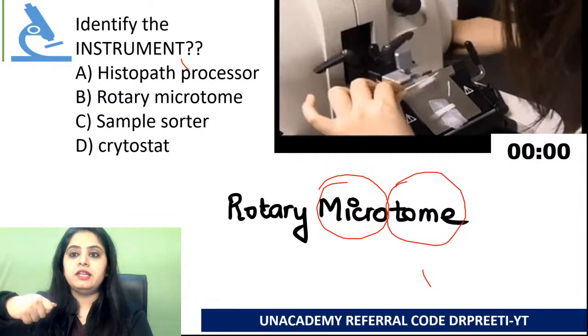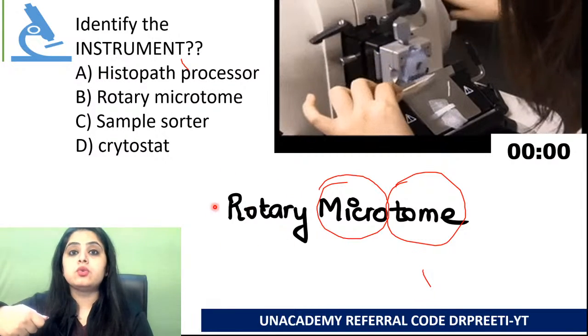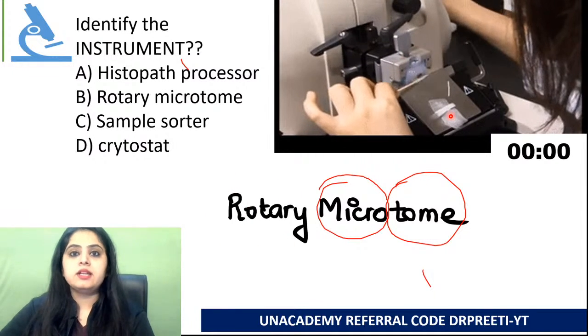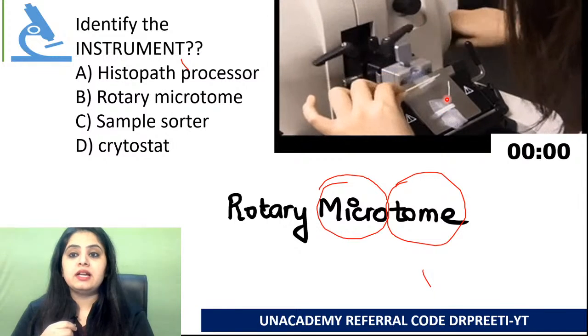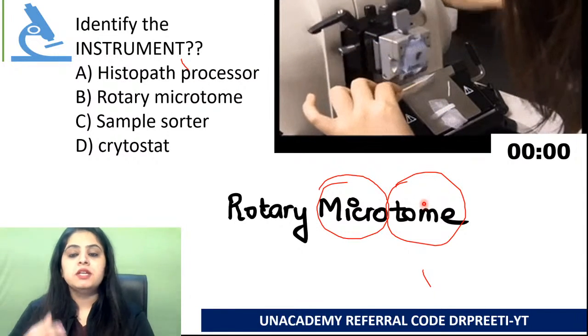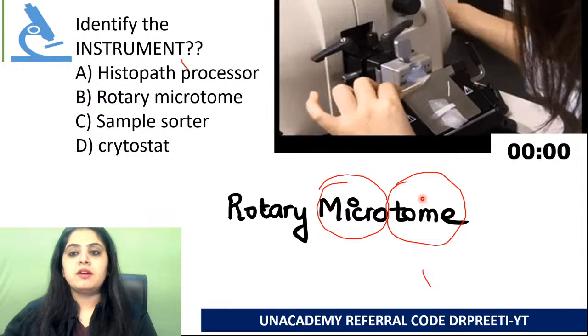Can you see on the side? She is rotating it, and as she is rotating, that's why I'm calling it a rotary. And microtome, because as she rotates it, the paraffin block will get cut and the section is being cut. So see how many sections she's got on the bottom. She'll take this up on a slide and she'll look at it under the microscope after staining.